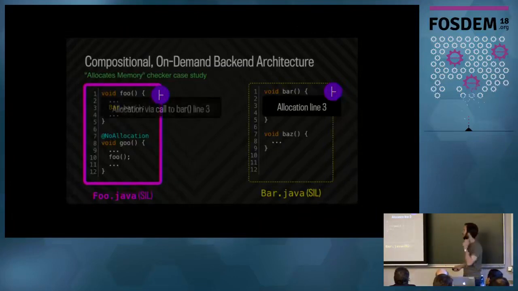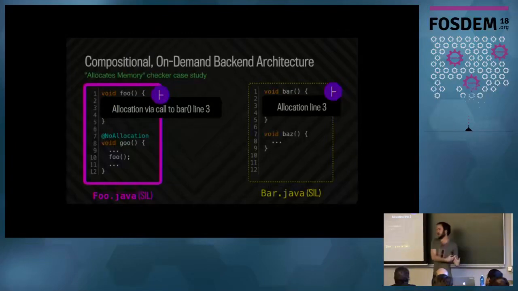So we come back to foo. Now we know that foo also allocates memory, and we record the reason why we think it allocates memory: that's because it calls bar on line 3. We record the reason because when we report later, it's going to be very important that we give some idea of why there's a bug to the user. Then we look at goo, which calls foo.